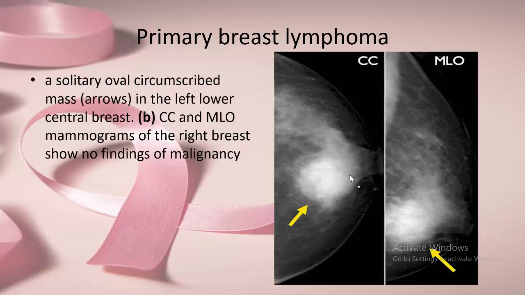The border is indistinct, and there is associated mild architectural distortion, so this is a BI-RADS 4 lesion. Being rather well circumscribed, many differential diagnoses can be considered in this case. Maybe mucinous tumor, maybe phyllodes. So breast lymphoma is usually in these cases diagnosed by biopsy.